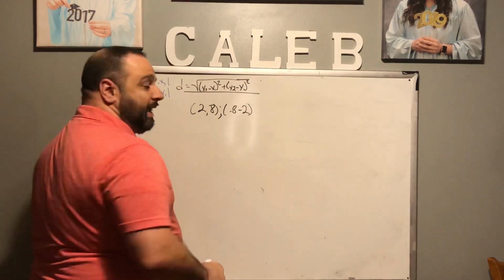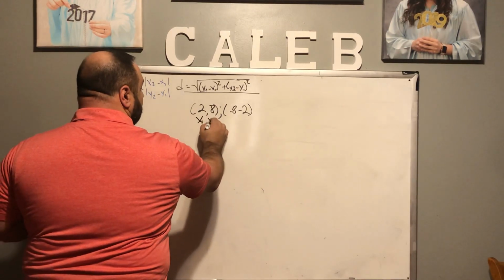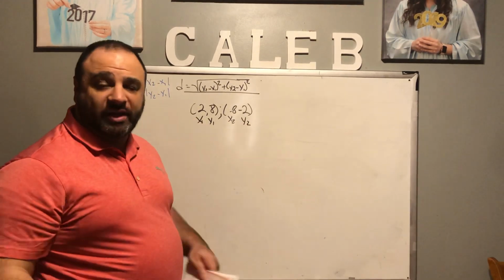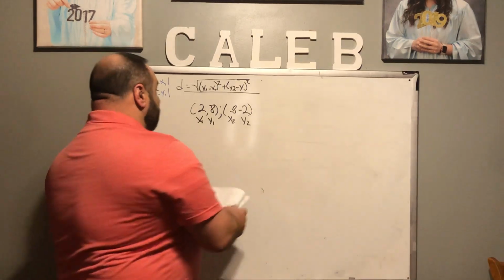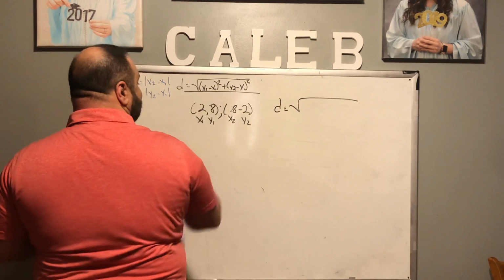Again, so you don't get confused, I often label my coordinates. So let's plug in the distance formula and solve. D equals the square root of x2 minus x1.